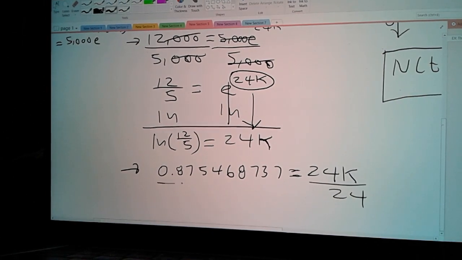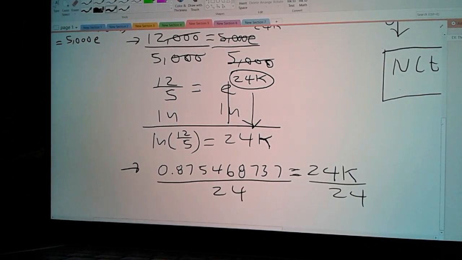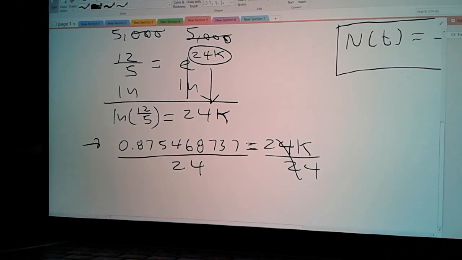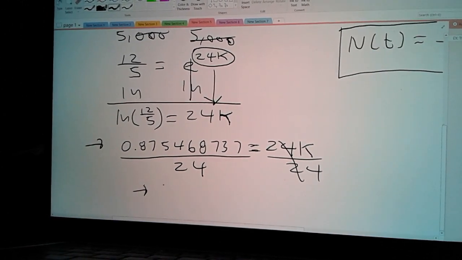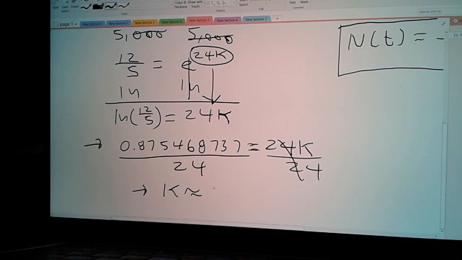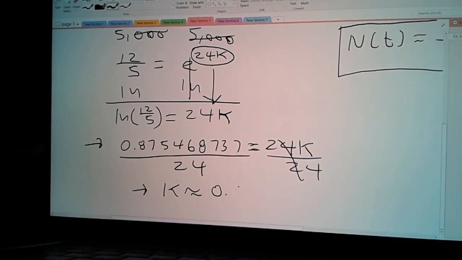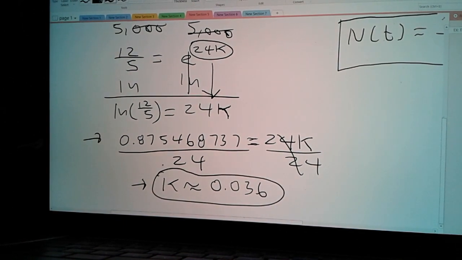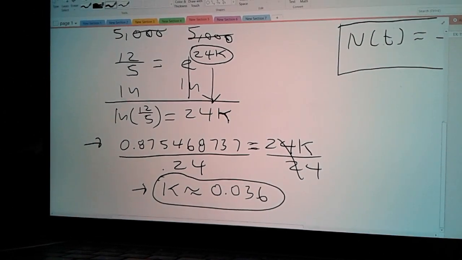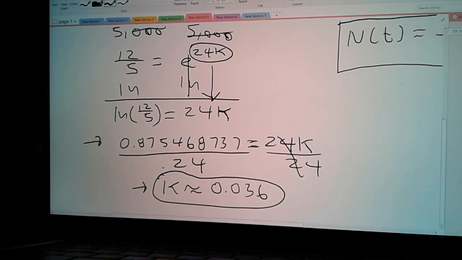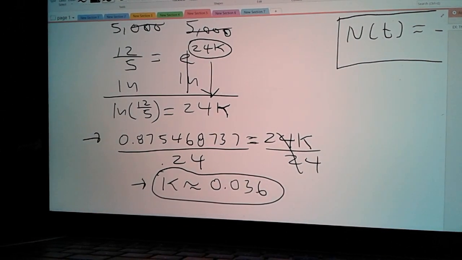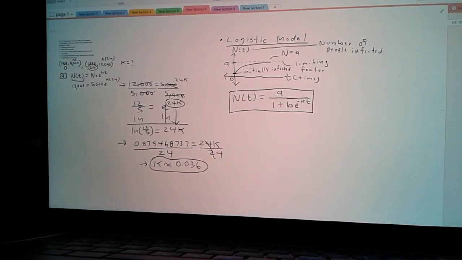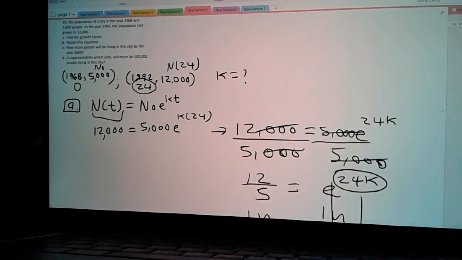Now, if I divide that by 24, I'll have k isolated, which is what I want. So if I round to 3 decimal places, I get k is approximately 0.036. So that's part A. Part A was just to figure out the growth factor.